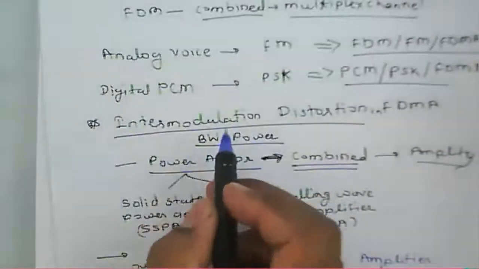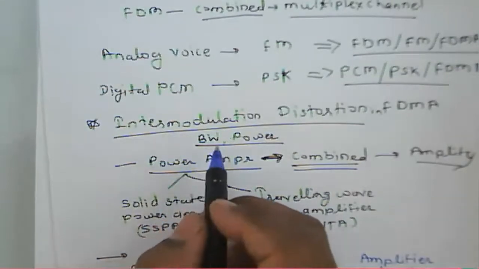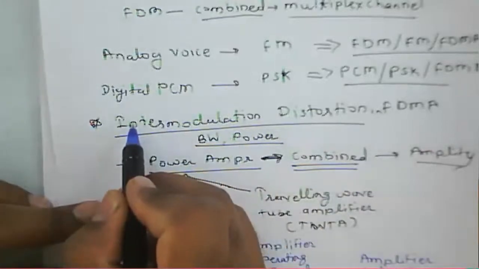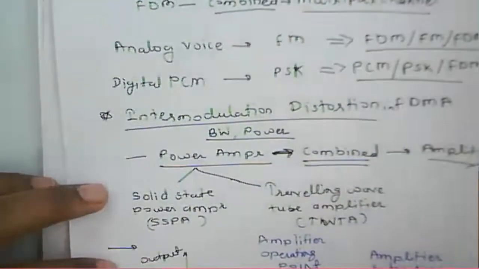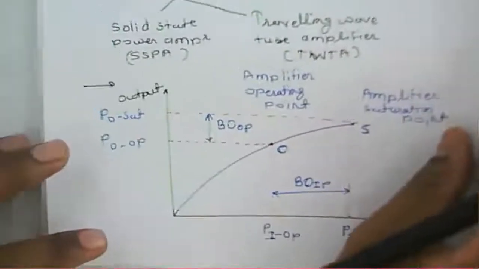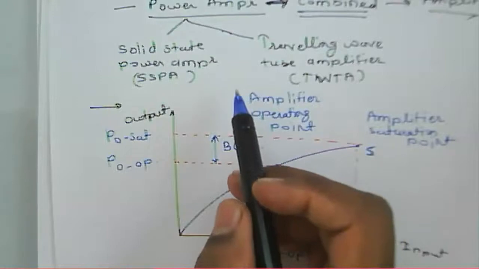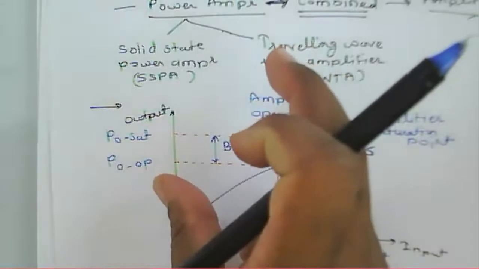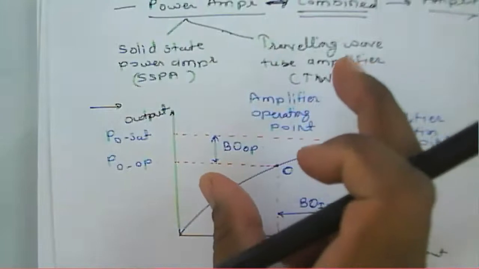Now, intermodulation distortion, or intermodulation products, occur when multiple carriers are present in the input. Then the amplifier will produce intermodulation products at the output.